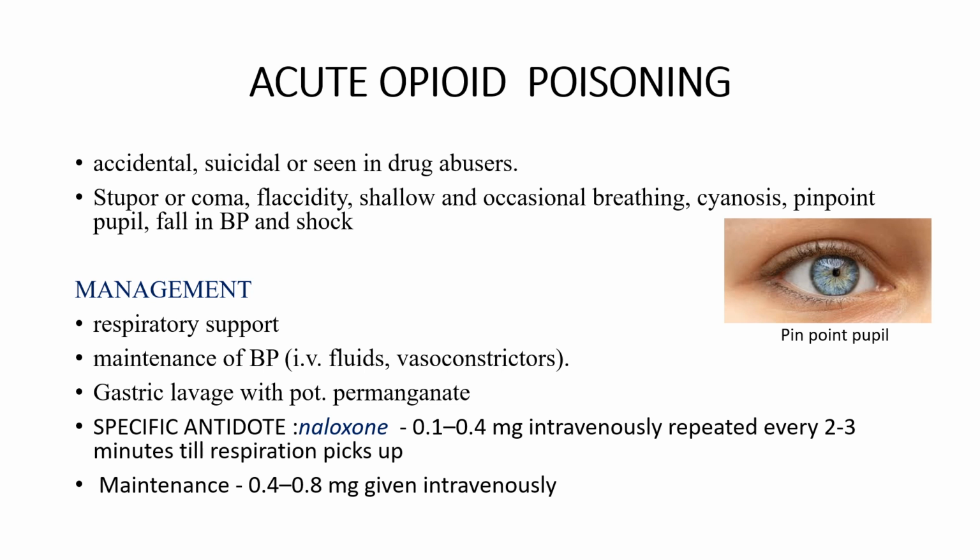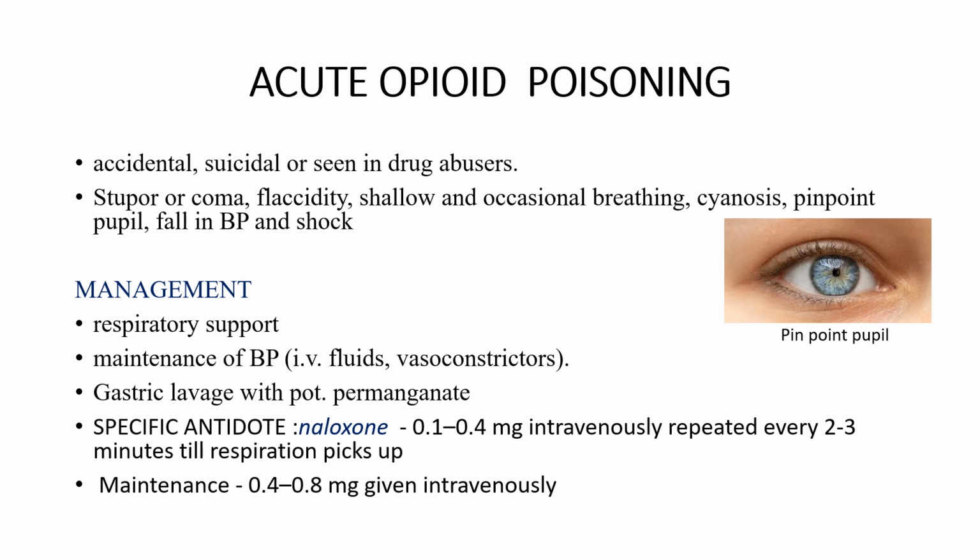This drug will be secreted in the gastric lumen, and since it is a basic drug, it gets ionized and trapped inside the gastric lumen. So even if the morphine is given through the parenteral route, a gastric lavage can be done in order to remove the secreted morphine in the stomach.